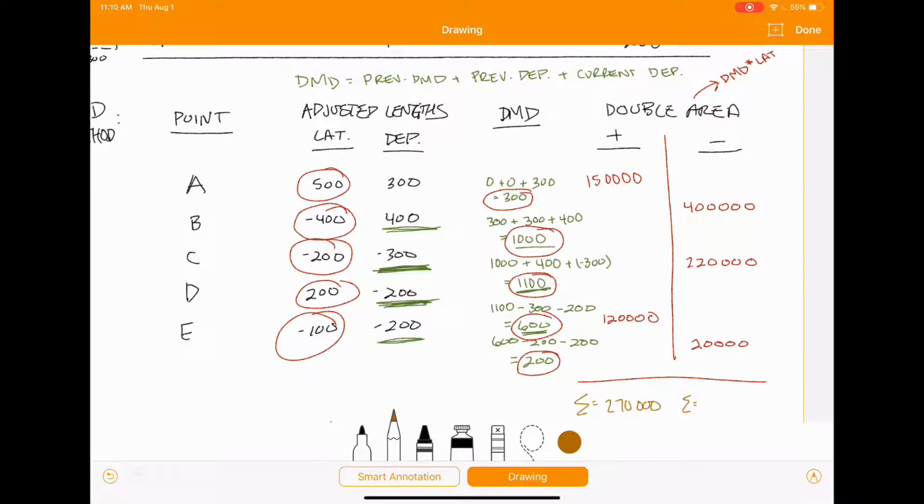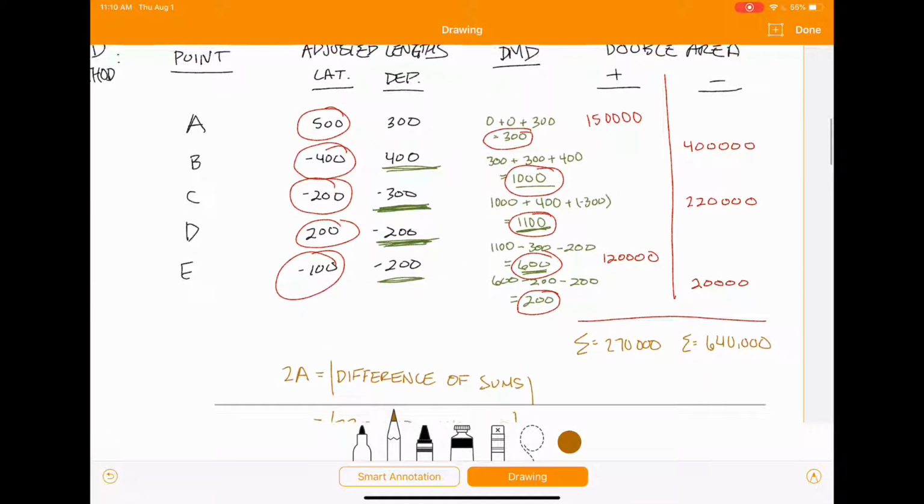And then for our negative column, 640,000. So as I said before, the absolute value of the difference of these sums is going to equal 2 times your area.